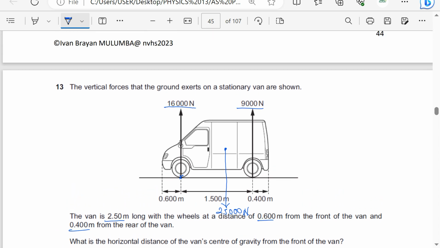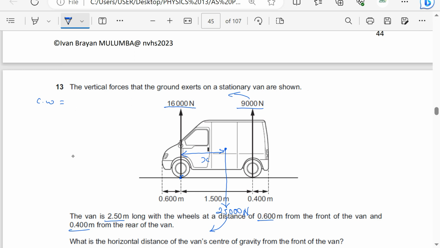The 16,000 has no moment. I will say the distance from the center of gravity to the front wheel is x. The weight through the center of gravity will cause a clockwise moment, and the 9,000 will cause an anti-clockwise moment about the front wheel.